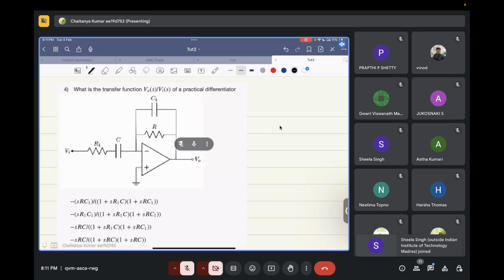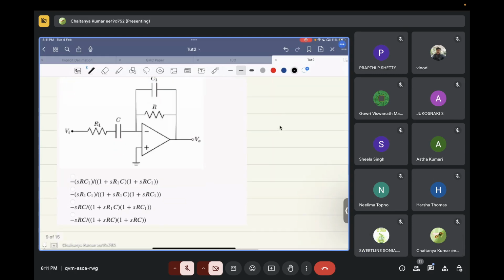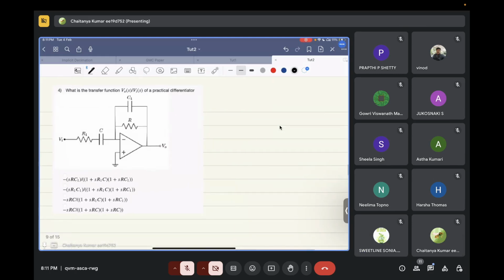Basically, how you can look at this kind of circuit is, let's say it's a non-resistive impedance. It can be capacitance, inductance, resistance, or a series or parallel combination of those. Let's say this is Z1 and this is Z2.